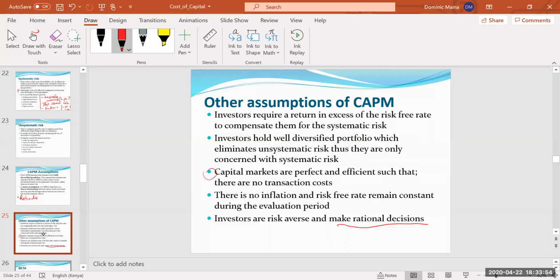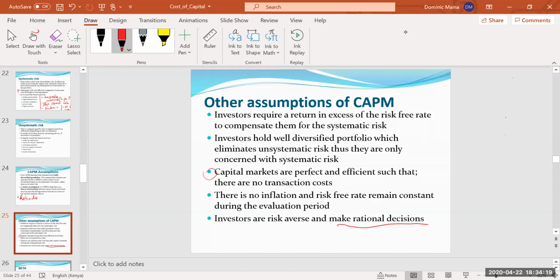Now, essentially, don't forget you have mentioned that the only priced component of the risk the market is going to be rewarding is the systematic risk.